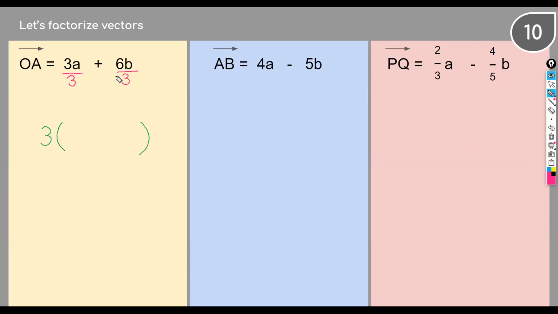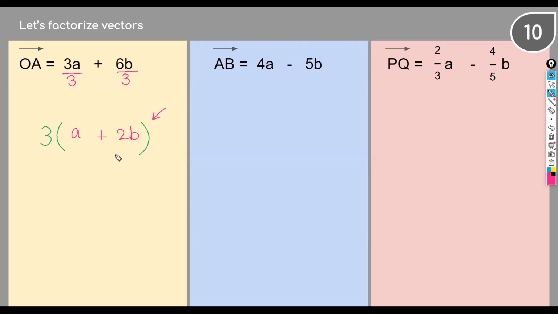So we divided everyone here by 3. 3a divided by 3 is 1a. You don't have to put the 1 if you don't want to, but if you want to, feel free. 6b divided by 3 is 2b, right? I actually don't want to put a 1. It looks not mathematical enough. This is the simplest question in factorizing you can probably hope to get in a CSEC exam.